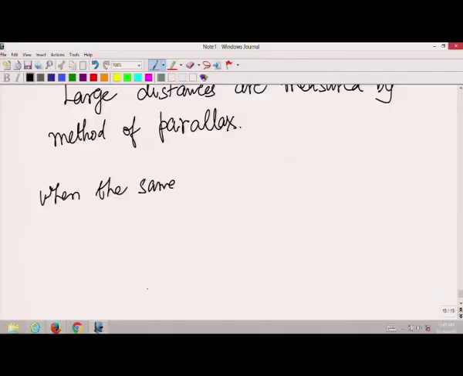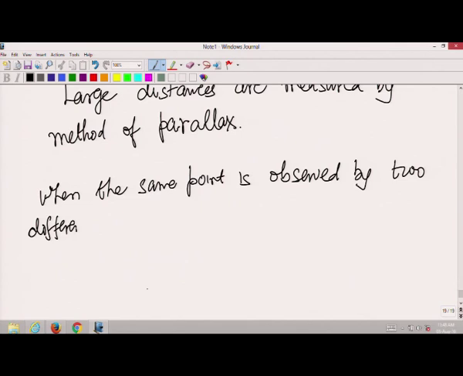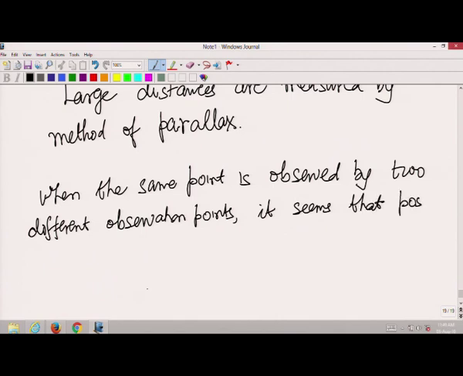When the same point is observed by two different observation points, it seems that the position of the point has changed.